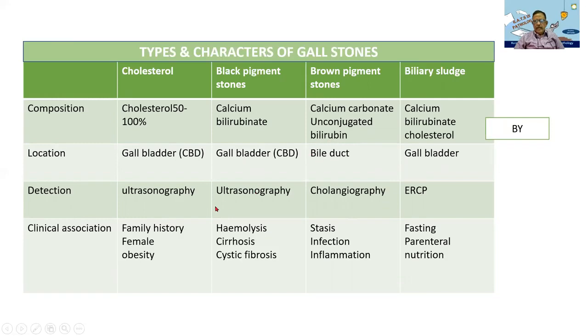The method of diagnosis will be either ultrasonography or ERCP, endoscopic retrograde cholangiopancreatography. Most of them will have either a family history, a history of hemolysis, or infections because of stasis. So this particular table, I would like you to learn by heart.